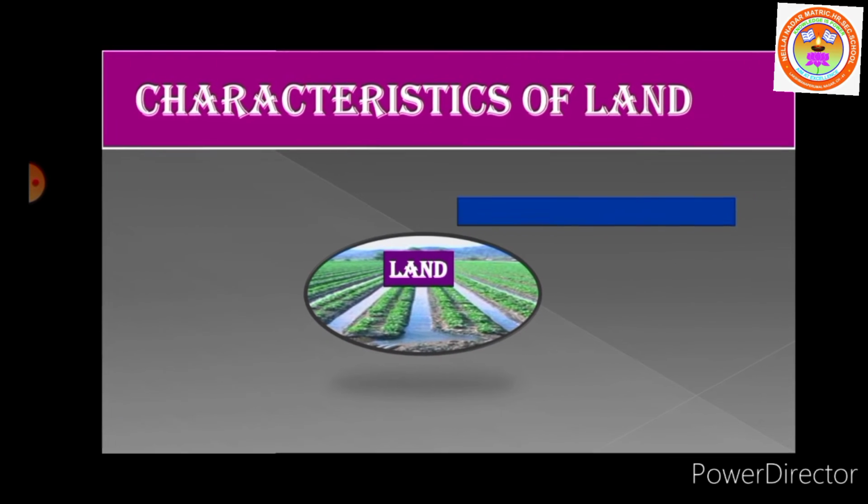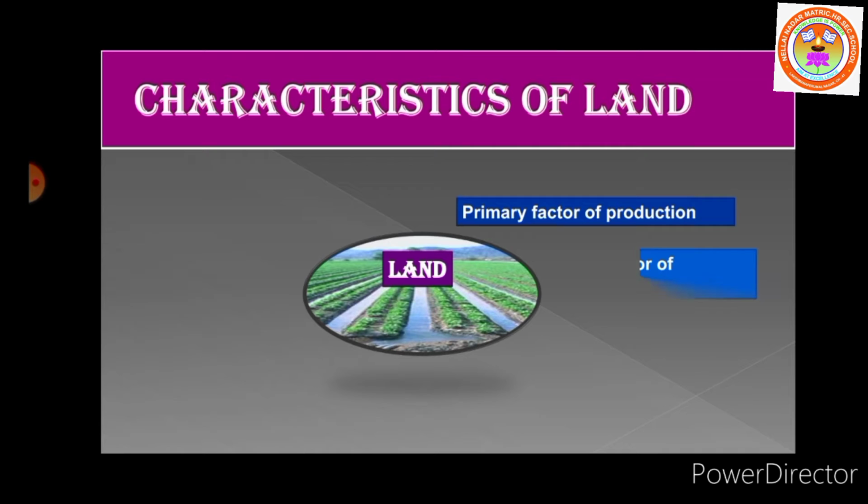Next, let us see characteristics of land. First one, land is a primary factor of production. In any kind of production process, we have to start with land. For example, in industries, it helps to provide raw materials, and in agriculture, crops are produced on land.